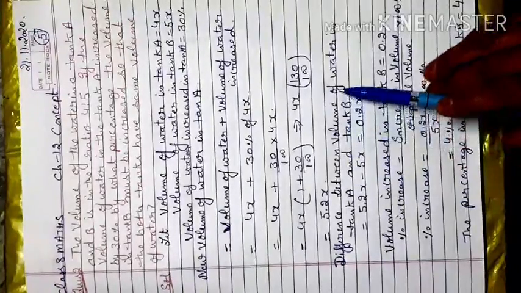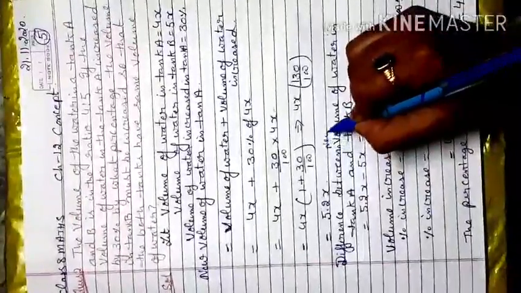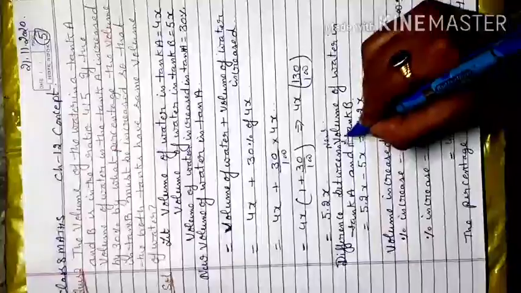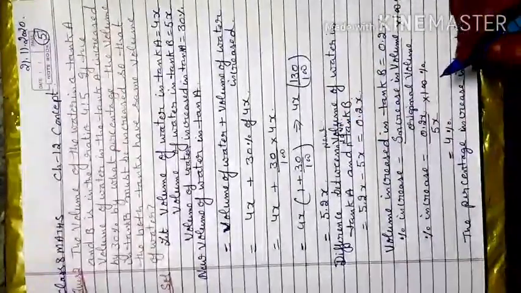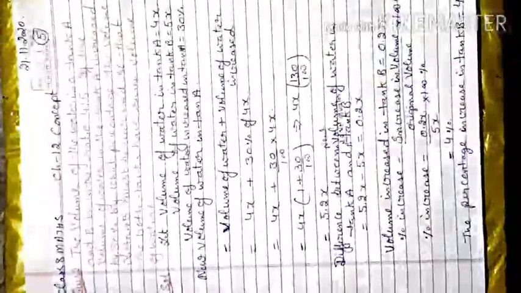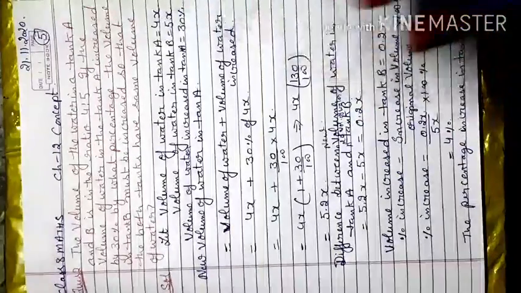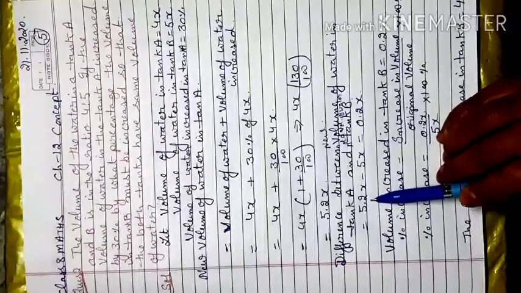Now the difference between the new volume of water in tank A and the old volume of water in tank B. So you have to find the difference between the new volume of tank A and the old volume of tank B. Tank B we already consider as 5x, and tank A we will consider as new volume.